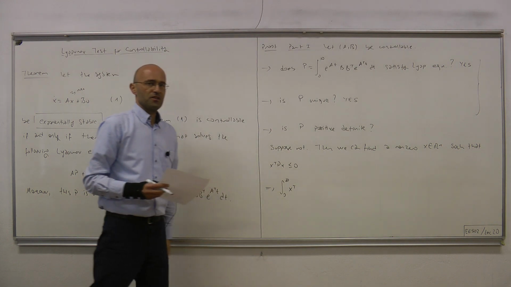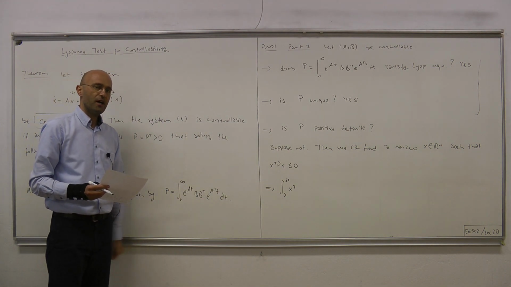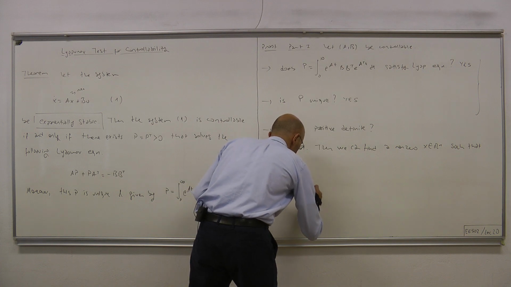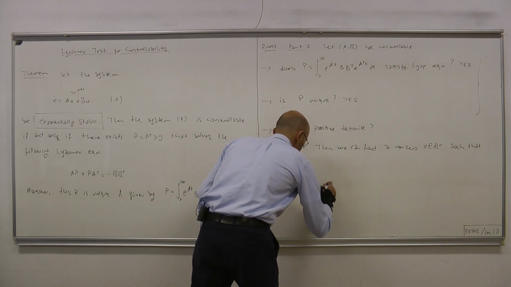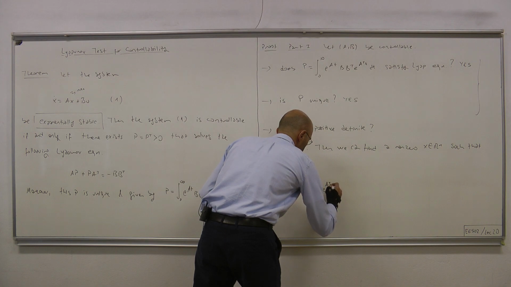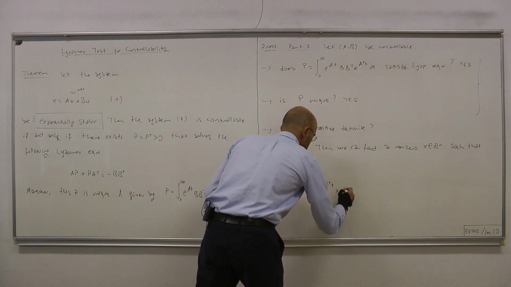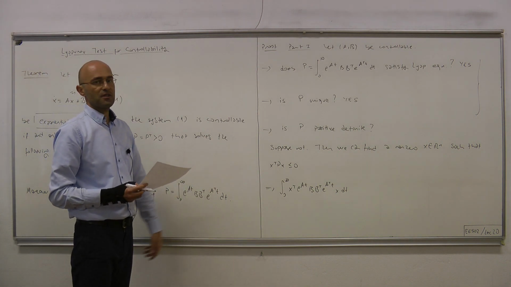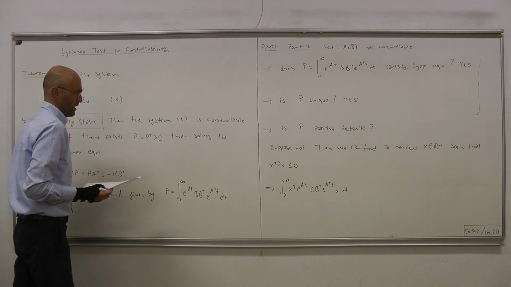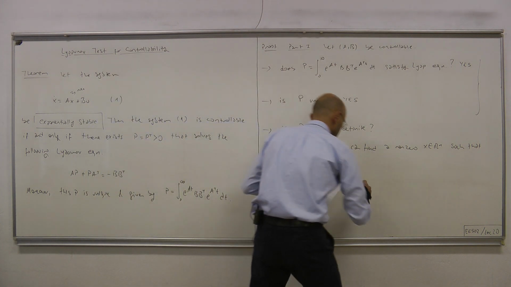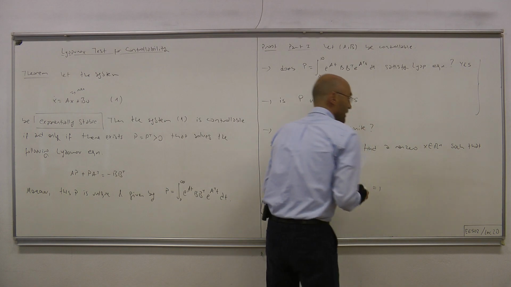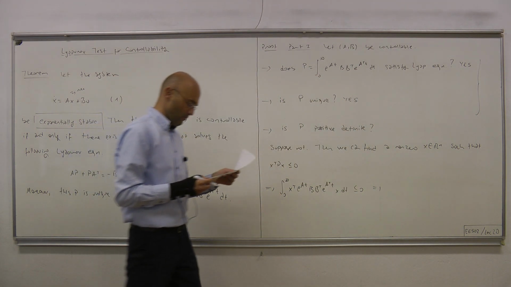Since x is a constant vector, we can put it inside the integration, and we can write x transpose e to the A t, B B transpose, e to the A transpose t x dt. Since that's something transpose times the same thing, we can write it as the norm squared of something.